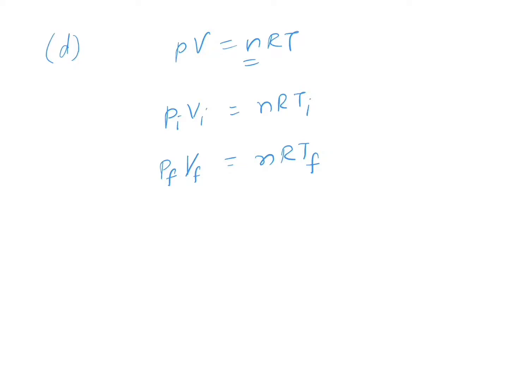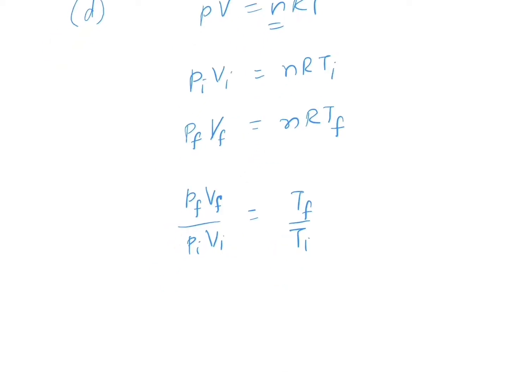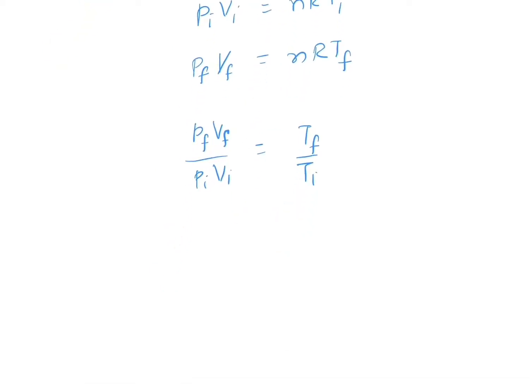If you take the ratio of the two equations, we will get PfVf by PiVi equals Tf upon Ti. Now final pressure by initial pressure we already calculated to be equal to 2 root 2, and final volume by initial volume will be 1 by 2, equal to T final by T initial, which is how much?